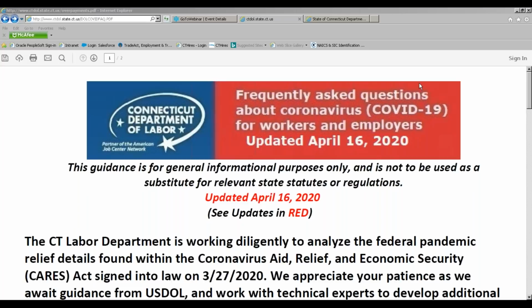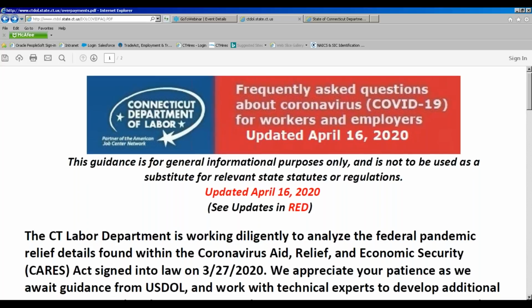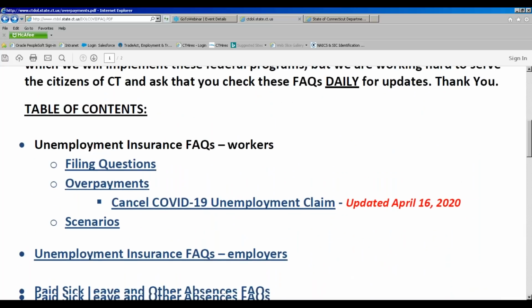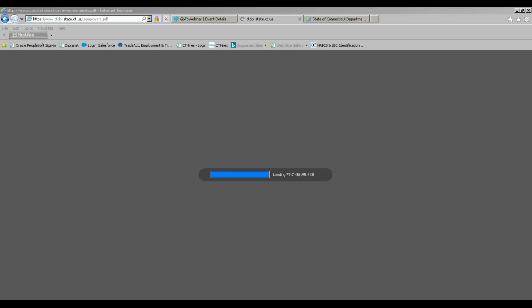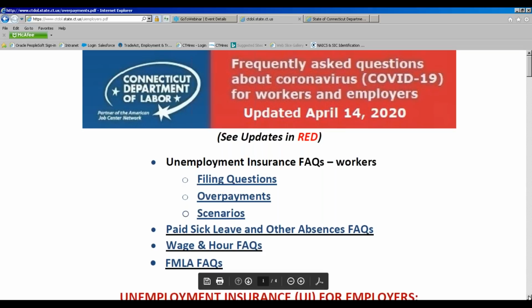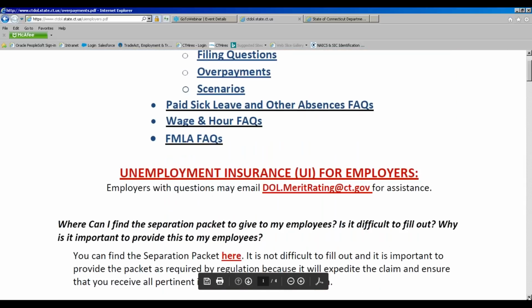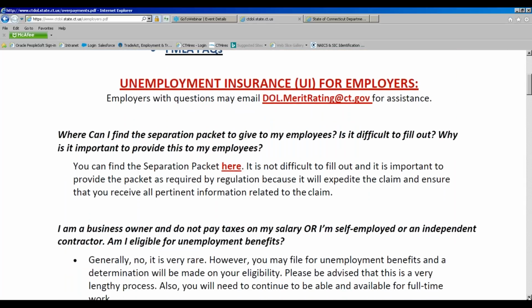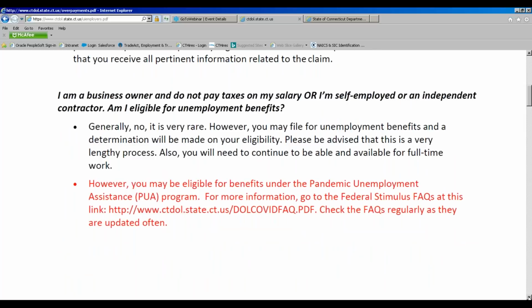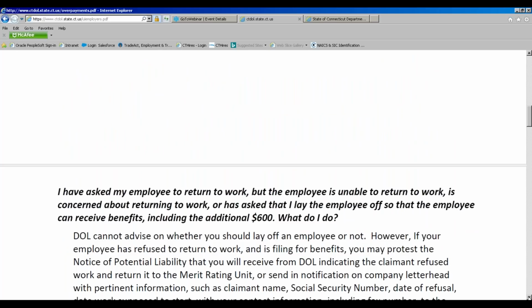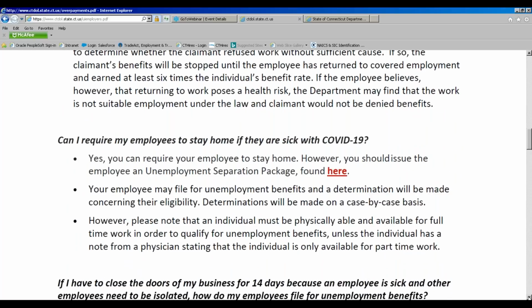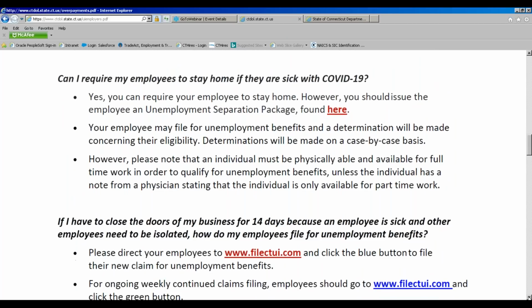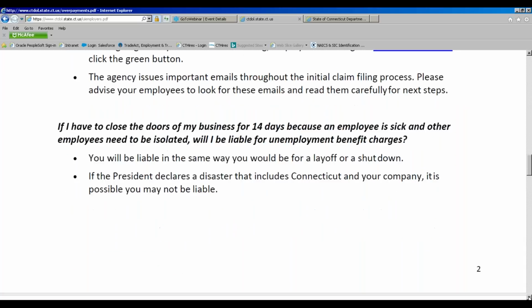On the frequently asked questions, if they separated from your company for other than quits or discharges, it's just COVID-19, you do not have to return this form as long as you're a contributory taxable employer, meaning you pay taxes to the Department of Labor quarterly. There will be no liability or charges to the employers during the period of time that we're under COVID-19.